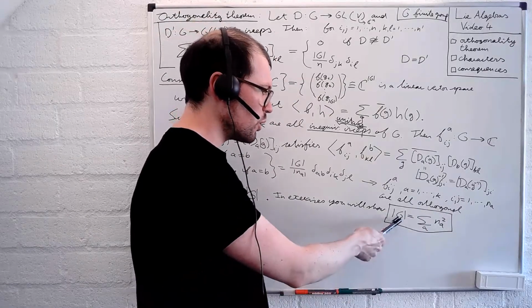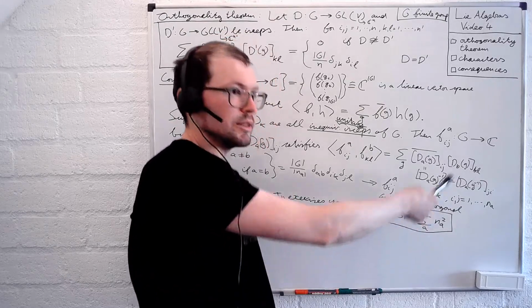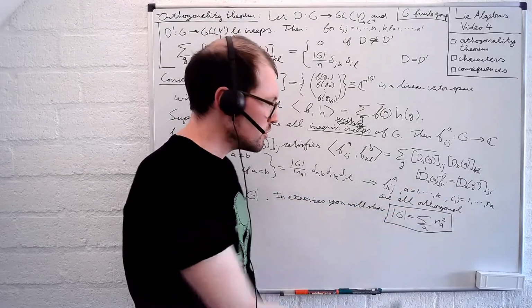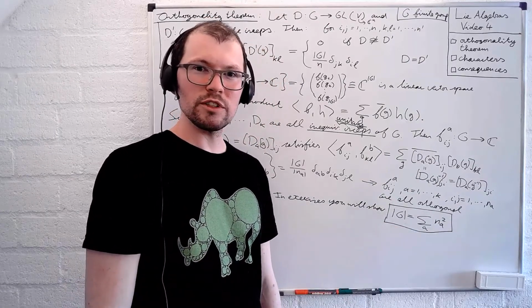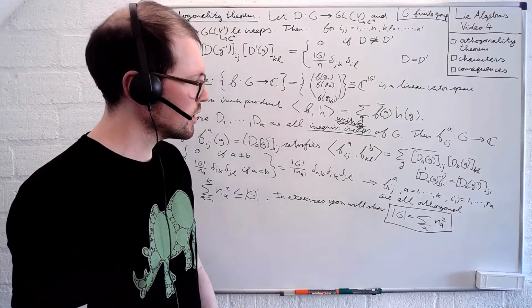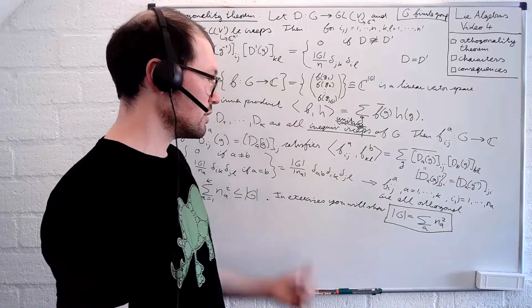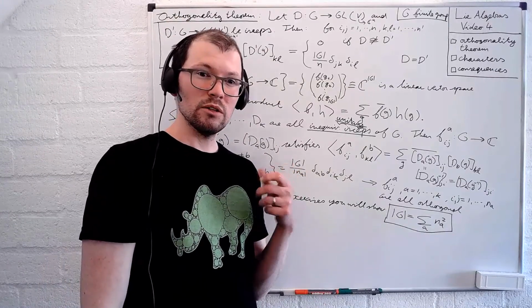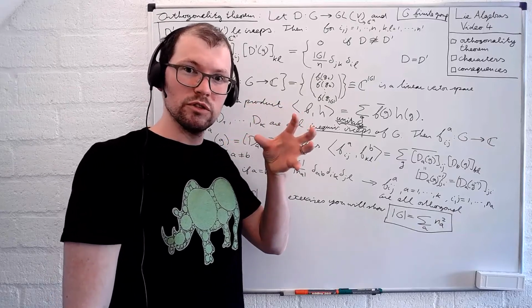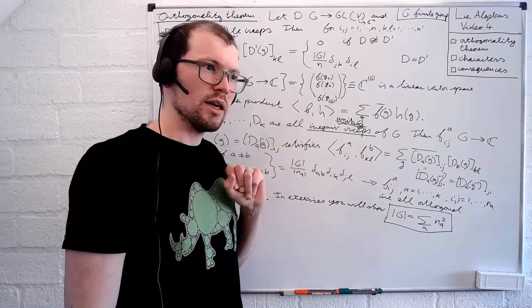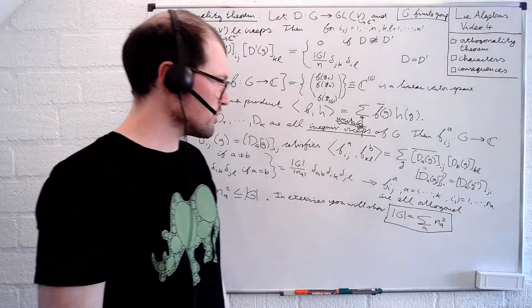There's only one way to write 3 as a sum of square numbers, that's 1 plus 1 plus 1. So this formula immediately tells you that there are exactly 3 irreducible representations of this group, and they're all one-dimensional. And actually we saw them. We had the trivial representation, we had this representation with the complex numbers, the third roots of unity, and then we had the complex conjugate of this. So these are exactly all 3 representations of this group.